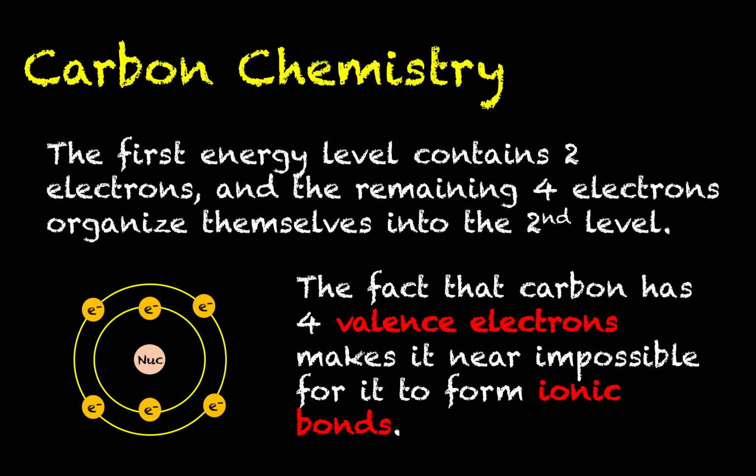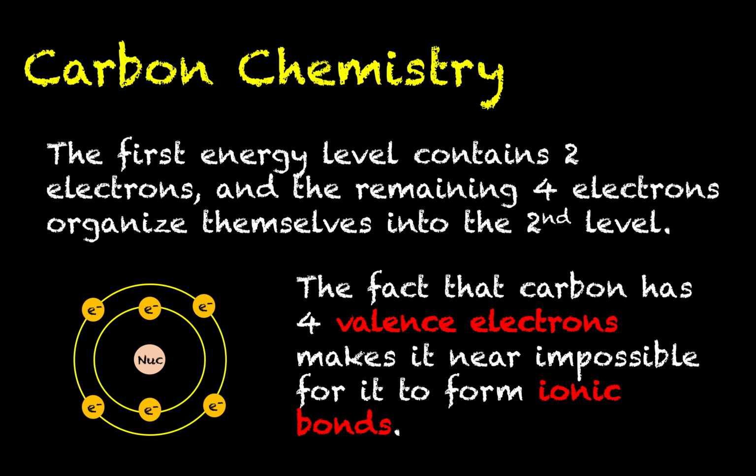This is important because we can immediately identify that this carbon atom has 4 valence electrons. Recall that a valence electron is an electron that is in the outermost energy level for any given atom. And it is especially important because it is the number of valence electrons that an atom has that is going to determine what type of chemical reaction and what type of chemical bond it likes to participate in.